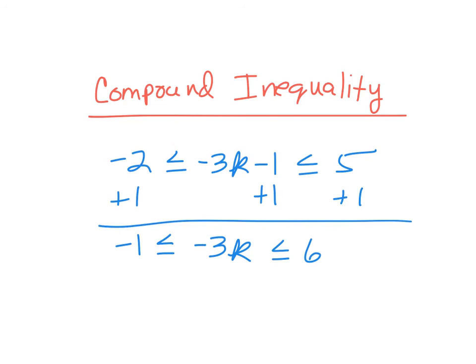The negative 3. How do I get rid of negative 3? Close, but I'm not subtracting 3 from k. I'm multiplying negative 3 by k. So you would divide. There you go. We're going to divide all 3 sides by negative 3.